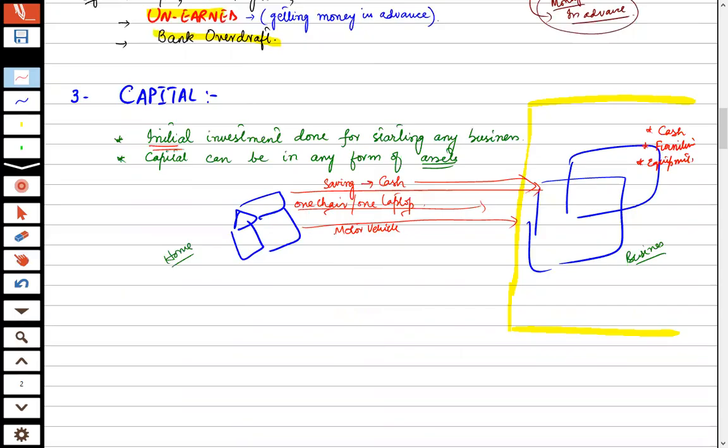So he moved that motor vehicle for business use. Then this motor vehicle also becomes what? Capital for the business, because they are all initially used for the first startup of the business.